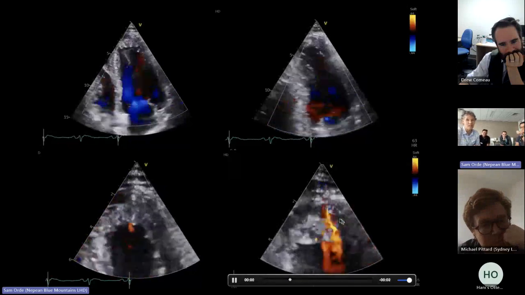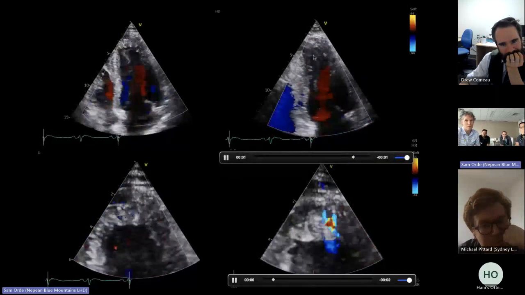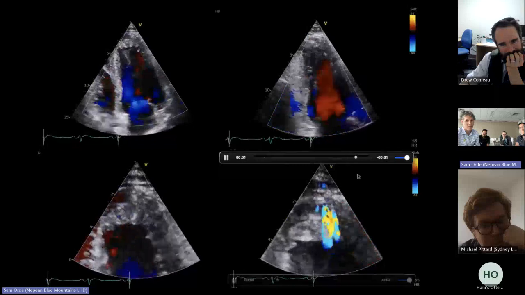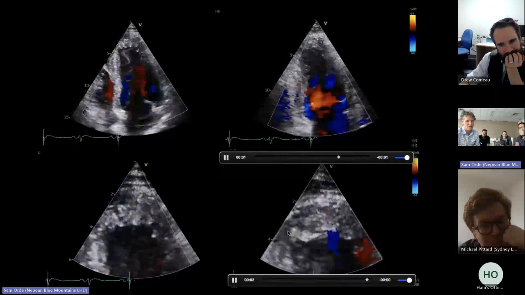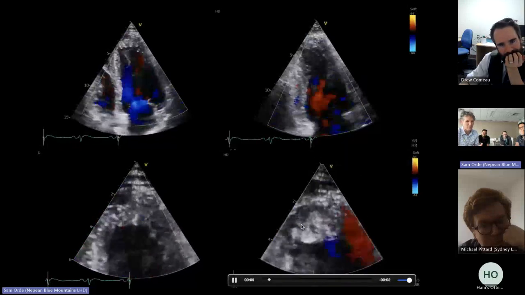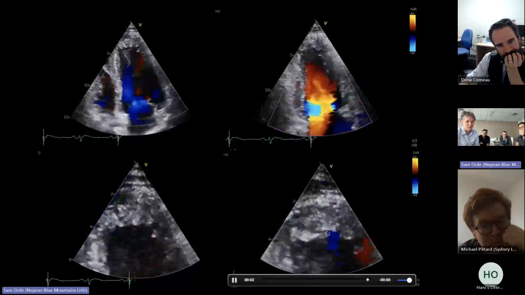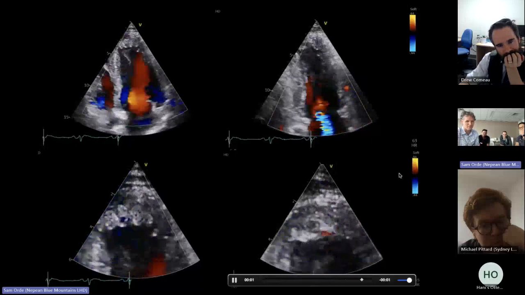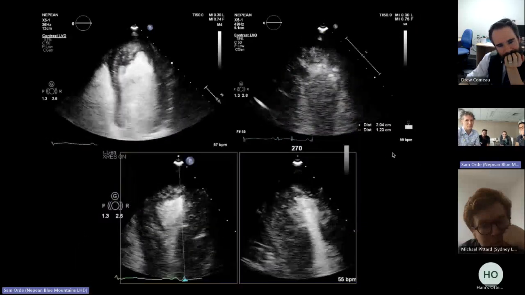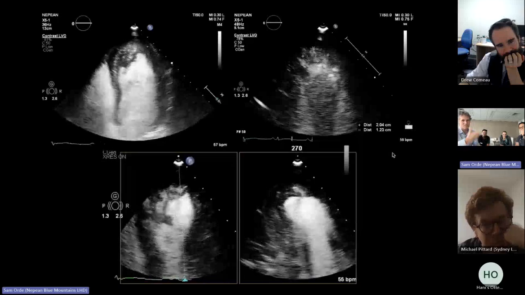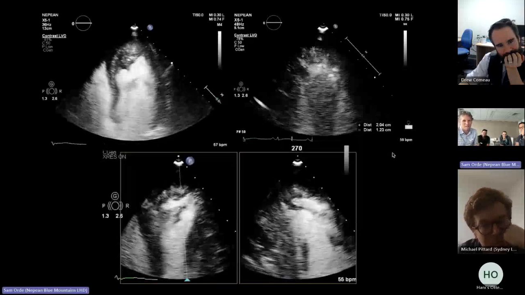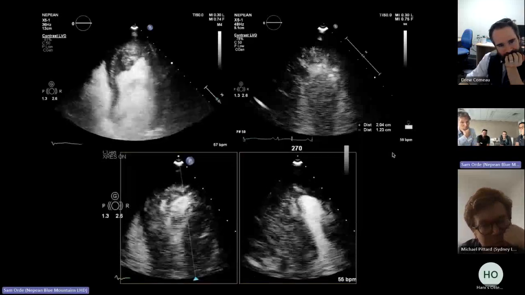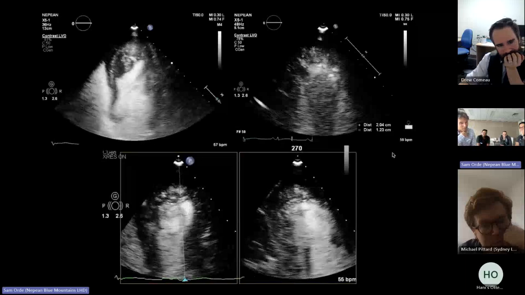I think you get an idea when the flows are low that you've got low flow in the apical areas. I don't think there's bleeding over there. It's just a bit of a color Doppler artifact. But I think contrast is the best way of doing it. And this is a great example of someone with an acute thrombus in there.